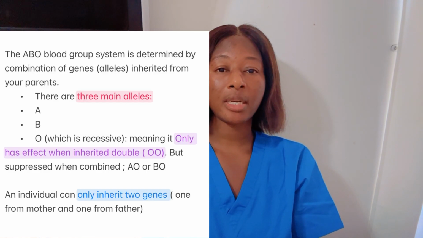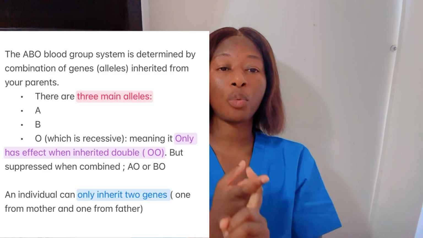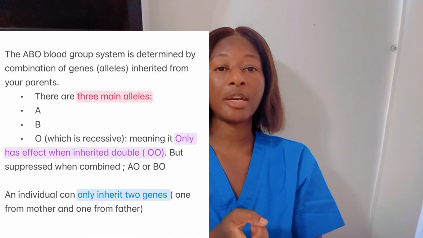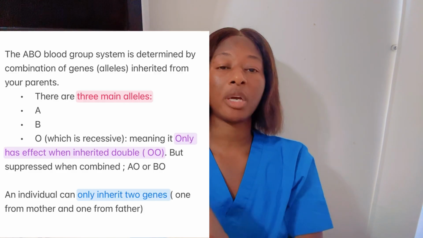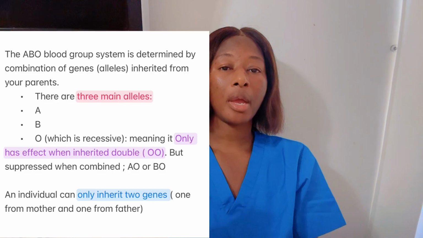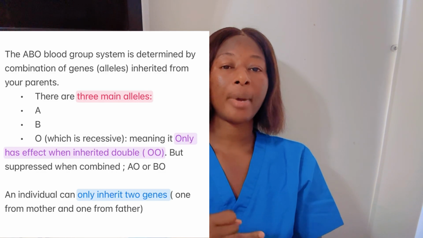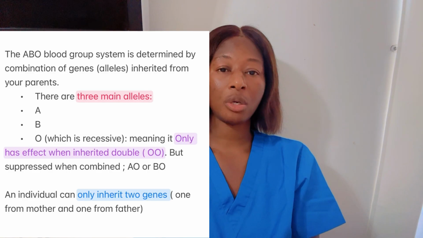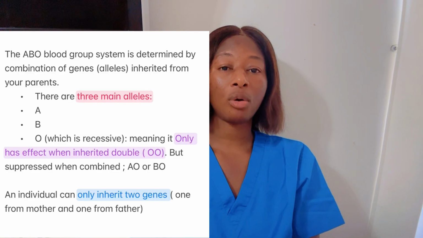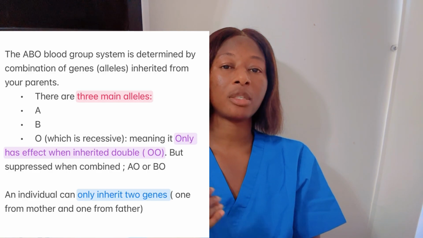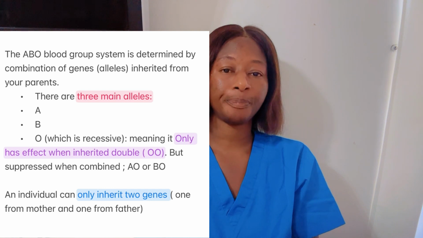When it is inherited as a single copy in combination with another gene, it is suppressed by the dominant gene. A and B are dominant genes, and that is why when they are inherited together as A and B, we can have a blood group type known as AB. But because O is a recessive gene, whenever it combines with any of the dominant genes, it is suppressed by the dominant gene.